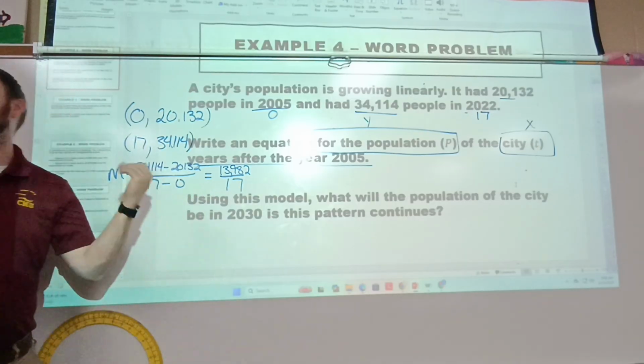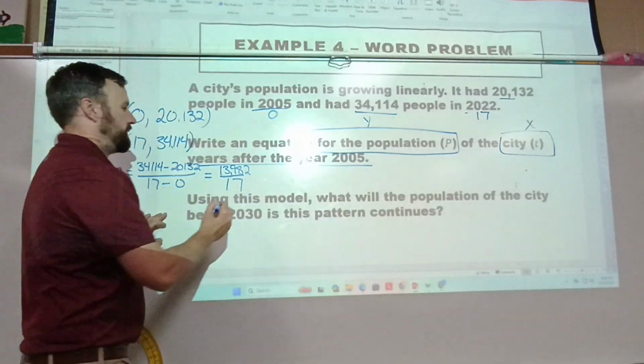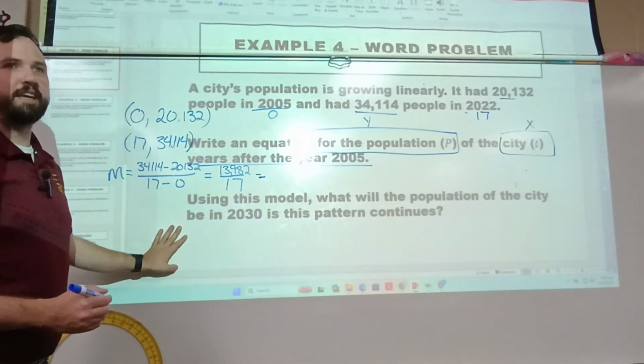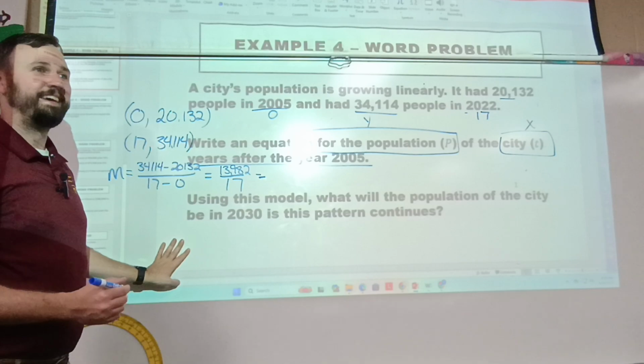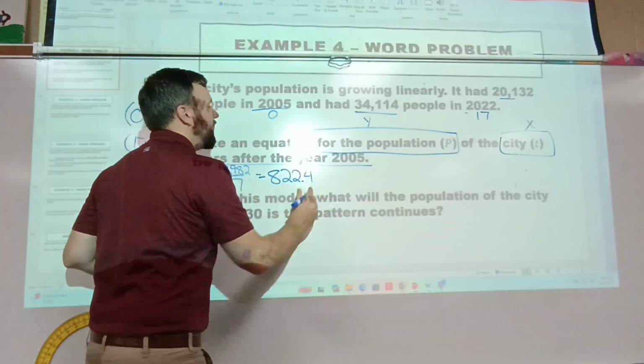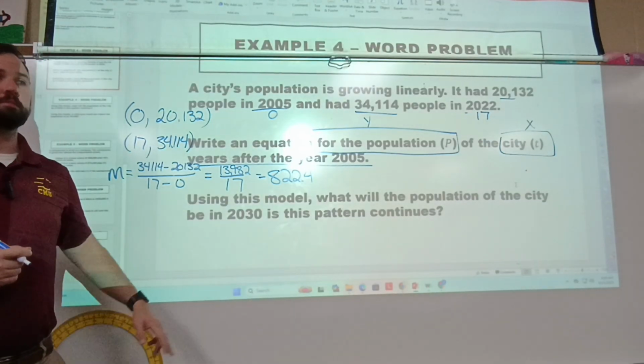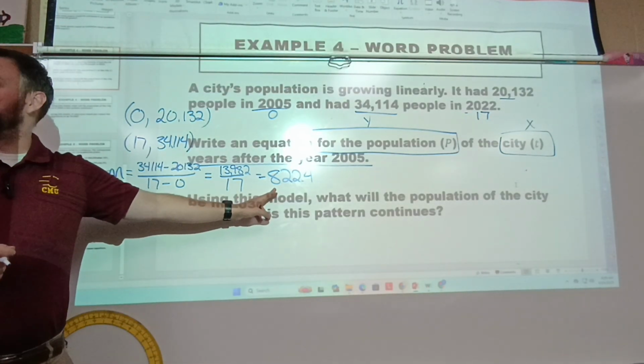Let's make this, because I'm not going to use that to plug into an equation, right? I'm going to give myself a decimal. What's that going to be? 822.4. So now, before I move forward, let's think about what that means. What is my rate of growth for population every year? 822.4.